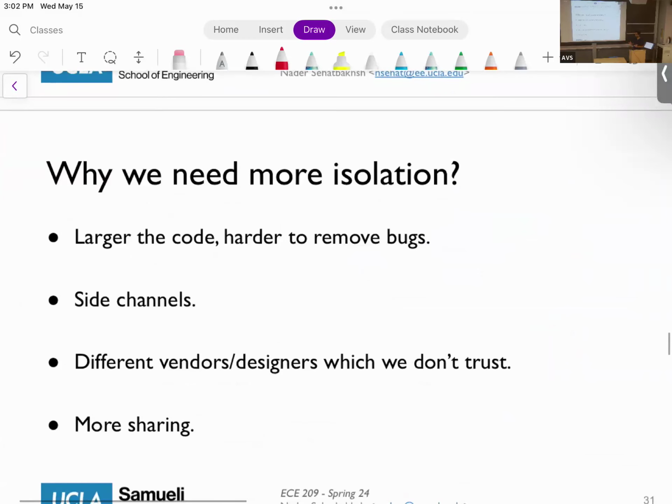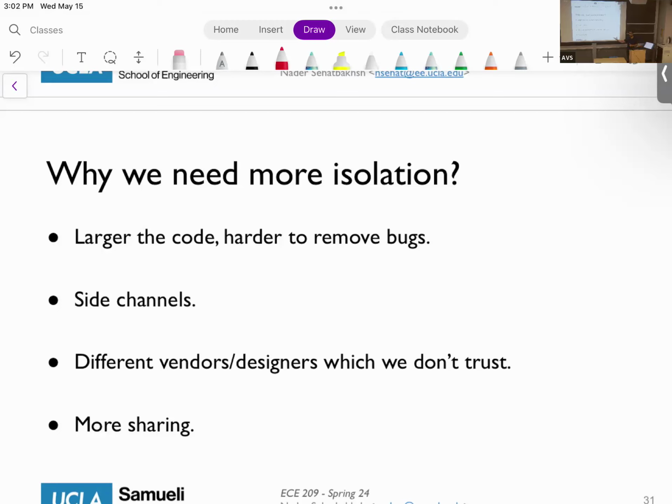So why do we need more isolation? Because of all these things that we talked about in this course. Because of large code, they have many software safety and memory safety bugs. It's really hard to remove them. There are tons of different side channels because of sharing between different applications. There are many different vendors and designers that we don't trust.